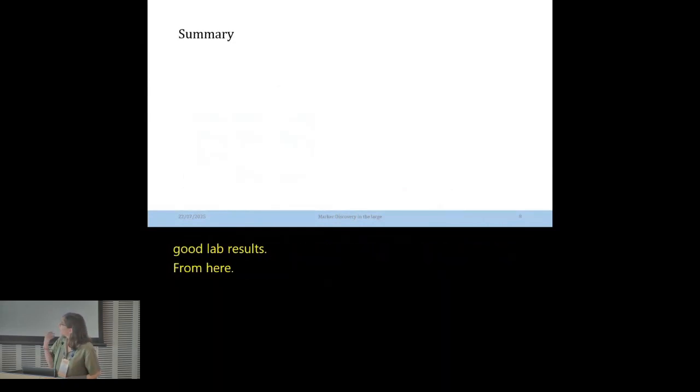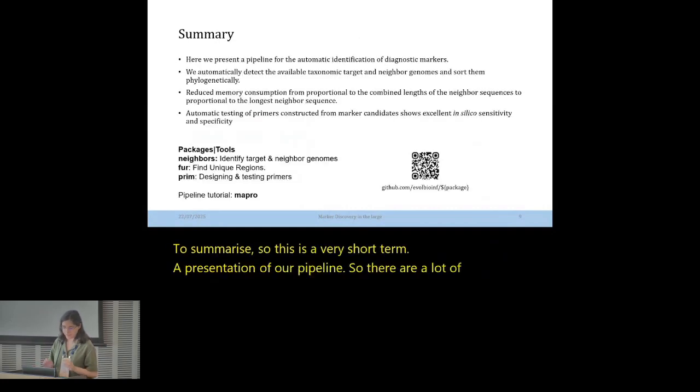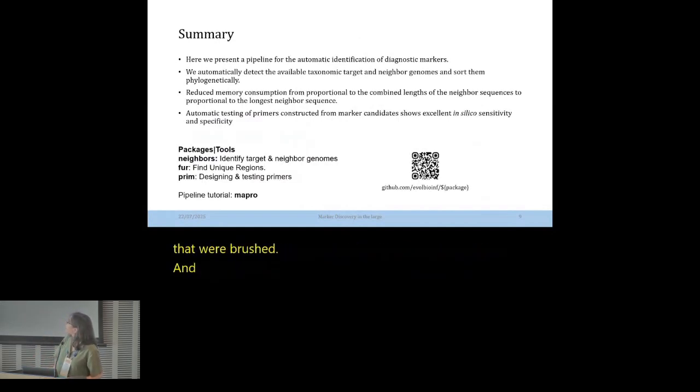To summarize, this is a very short presentation of our pipeline, so there are a lot of details that were rushed. And you should be able to use this pipeline on your organism of interest. We're also testing it now in fungi. And the most important thing is to have this detection of your monophyletic target clade.